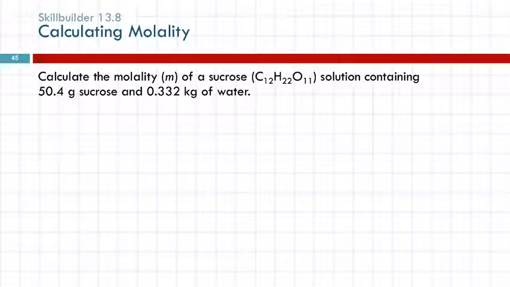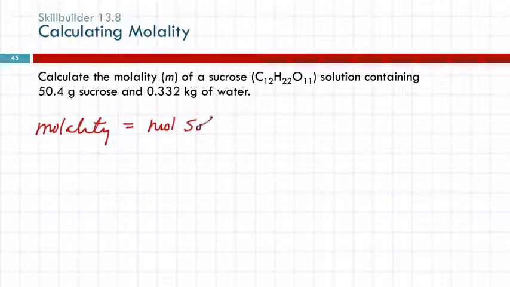So let's calculate the molality of a sucrose solution containing 50.4 grams of sucrose in 0.332 kilograms of water. So molality is moles of solute per kilogram solvent.